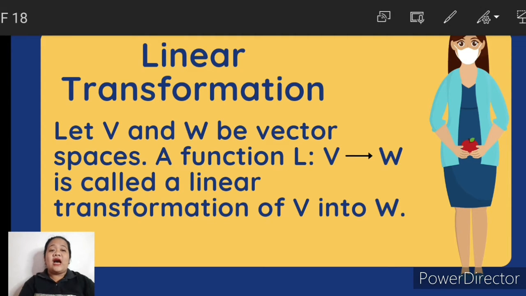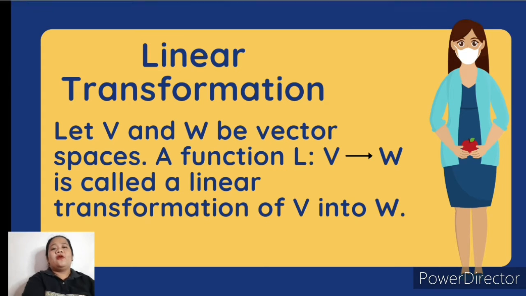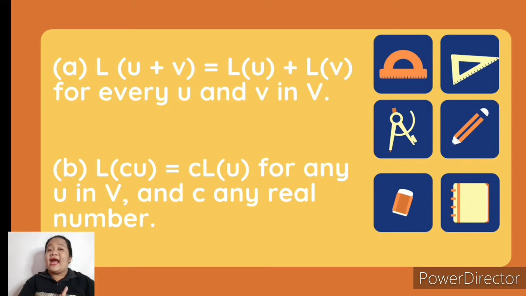A function L of V into W is called a linear transformation of V into W if those two properties are attained. First, L(u + v) = L(u) + L(v) for every u and v in the vector space V. And also, L(cu) = cL(u) for any u in V and c any real number.